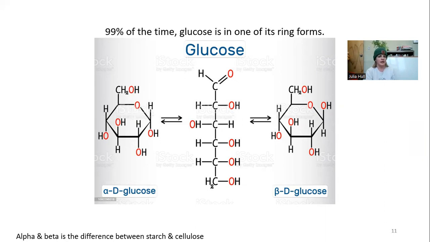These sugar molecules switch between their ringed forms and their linear form in your body. Functionally, it doesn't really mean a lot, but you'll see it drawn both ways. So the reason I'm telling you this is so that you don't think that this molecule and this molecule are different. It's just a different way to draw it.